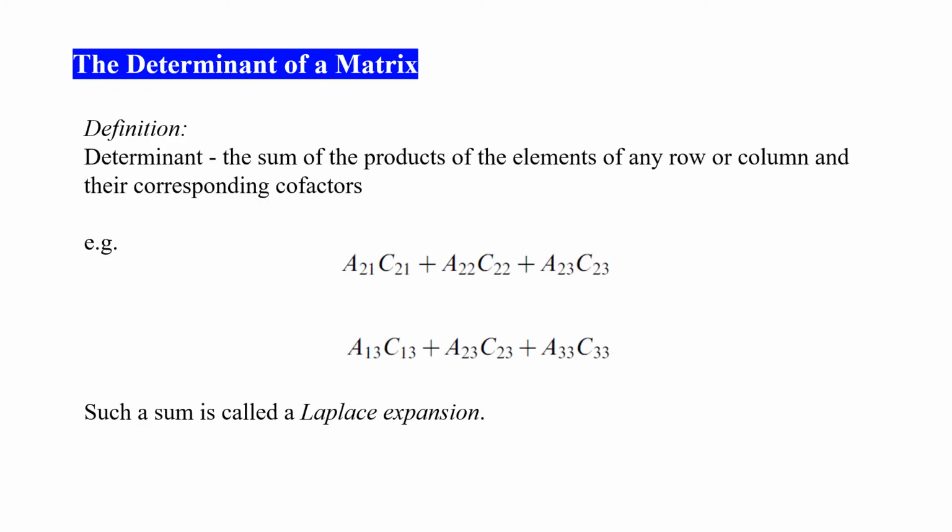Now let's have a proper definition of the determinant. When we say the determinant, this is the sum of the products of the elements of any row or any column and their corresponding cofactors.